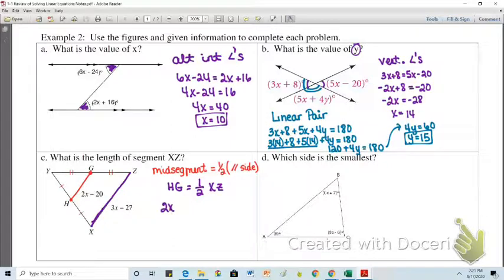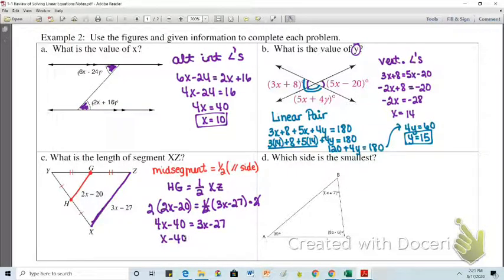Now I'm just going to plug in what I know. So 2x minus 20 equals 1/2 of 3x minus 27. I can either distribute the 1/2 or multiply both sides by 2 to get rid of it. That may be a little simpler, so I'm going to do that. So I get 4x minus 40 equals 3x minus 27.